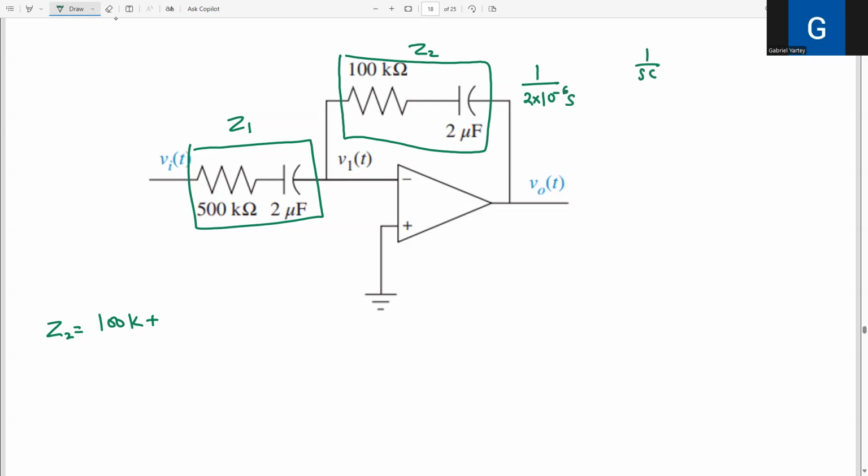Don't forget this. So you get plus 1 over 2 times 10 raised to the power minus 6 S. And then Z1 follows the same pattern, 500 times 10 raised to the power 3 plus 1 over 2 times 10 raised to the power minus 6 S.